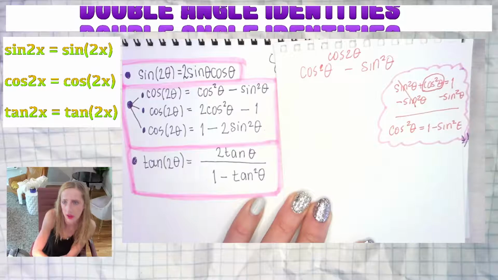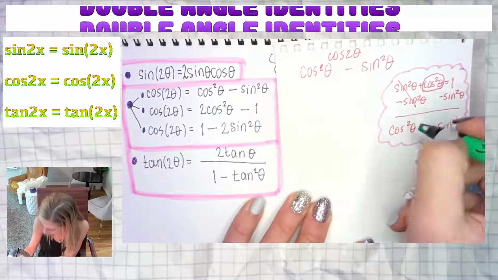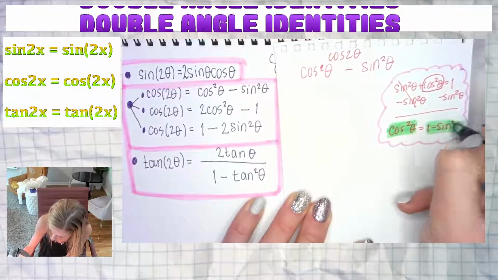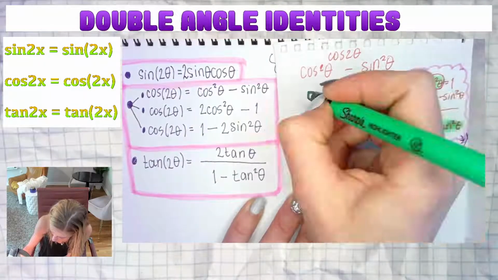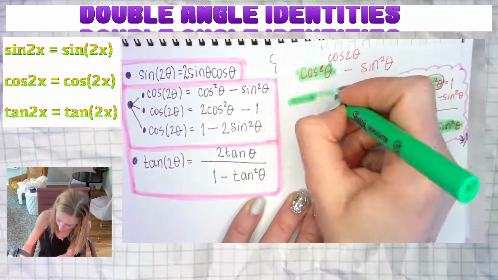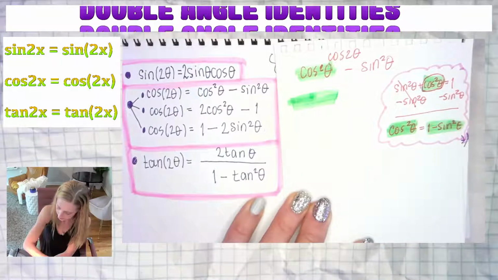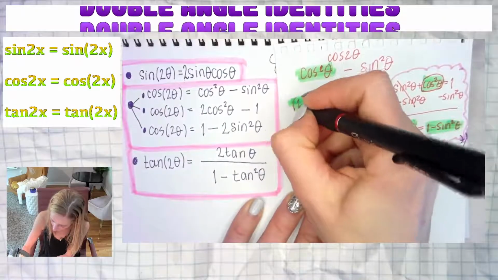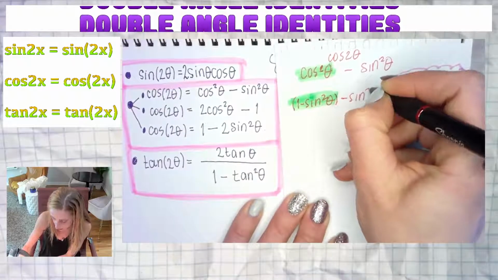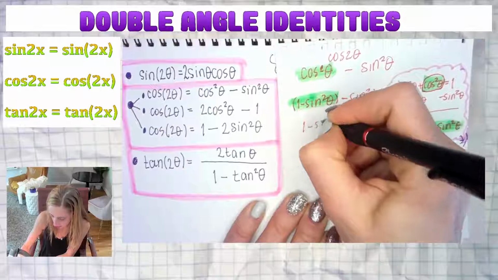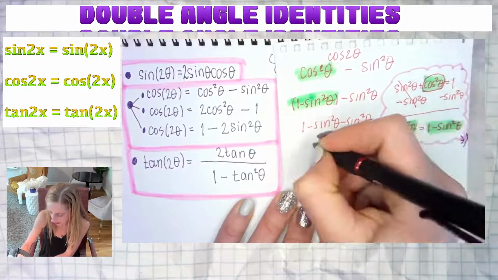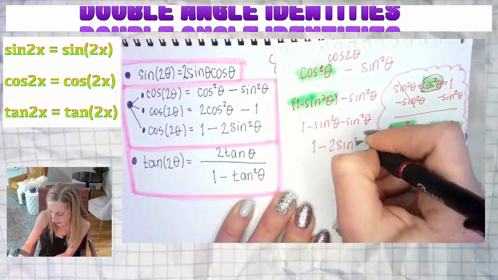Grabbing a different color highlighter, maybe not the best colors to use, but cosine squared is going to get replaced with that right over there, and we'll do that in this step right there. So what do we got? We got 1 minus sine squared theta minus sine squared theta, which is, I'm rewriting it without parentheses as they are not necessary. Combining like terms, and there you have it.